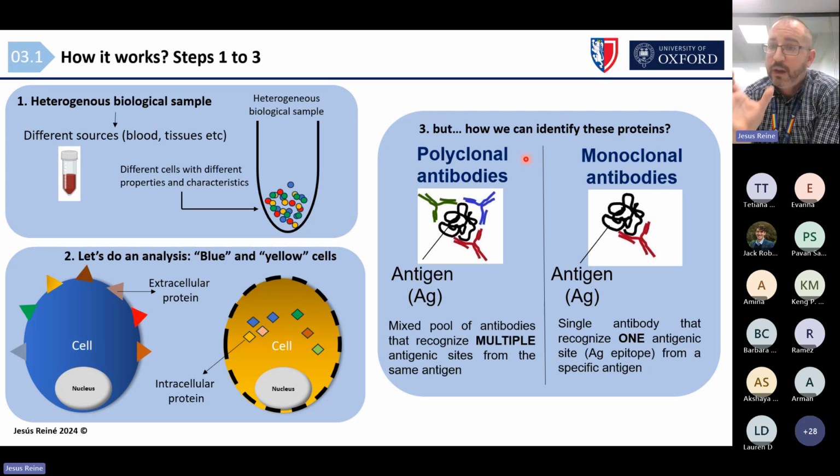We can use these tools to identify these specific proteins. But this kind of identification requires a color or a specific way to be detected by the cytometer, because in this way, we don't have any specific colors or specific ways to detect this binding by the cytometer.